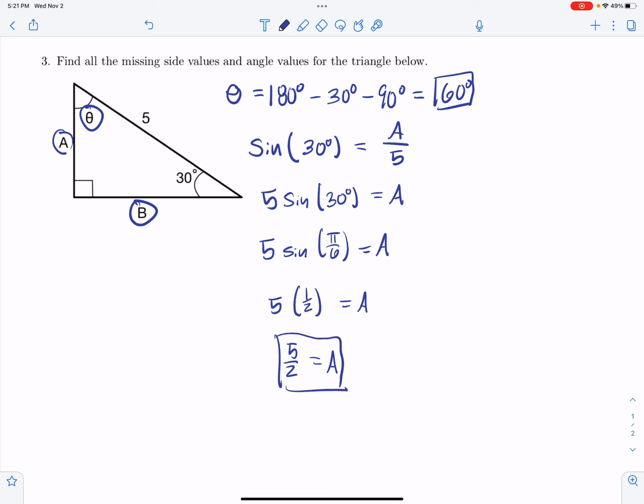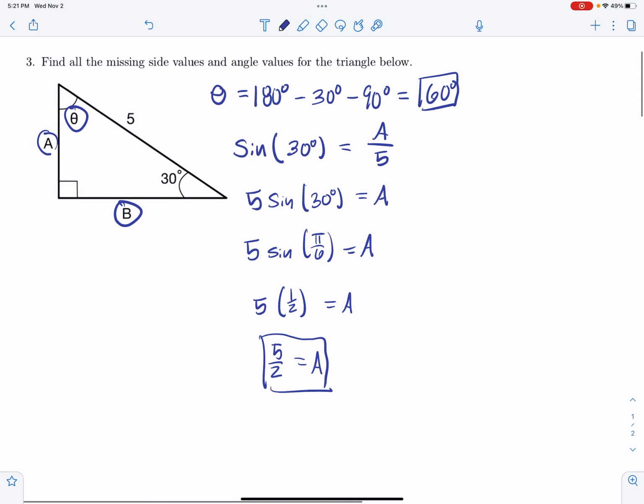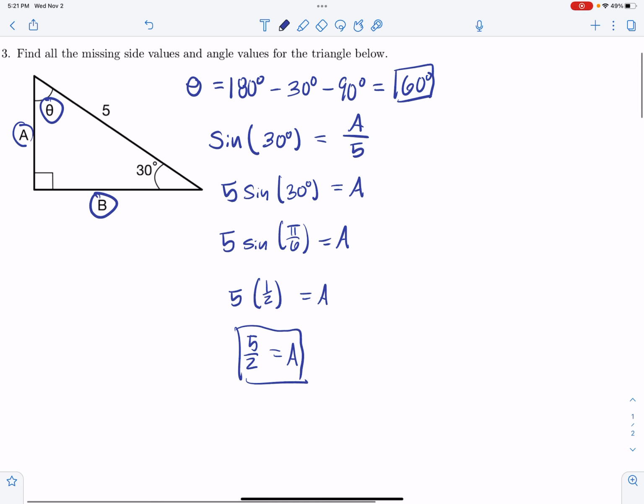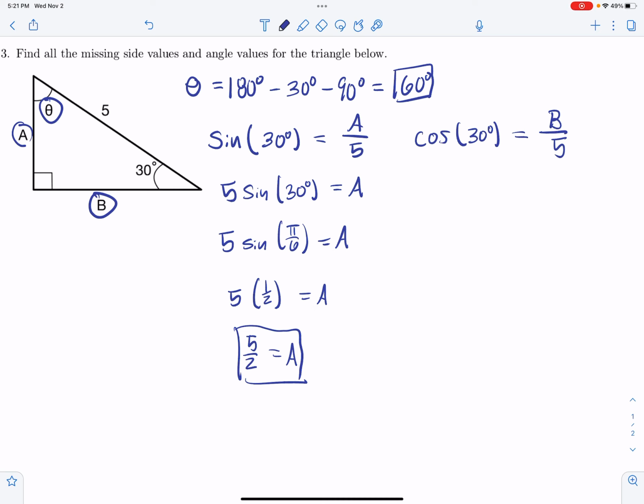And now to get B, we know that that's the adjacent side of the 30 degrees. So it goes adjacent over hypotenuse. So we could say that cosine of 30 degrees is adjacent, which is B, over our hypotenuse, which is 5. And then we're just going to multiply by 5 on both sides like we did last time.